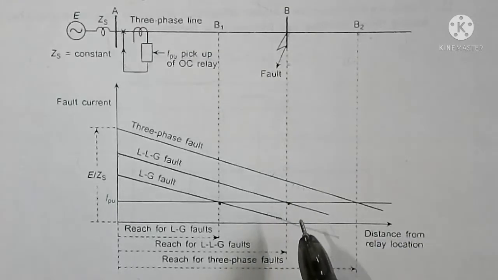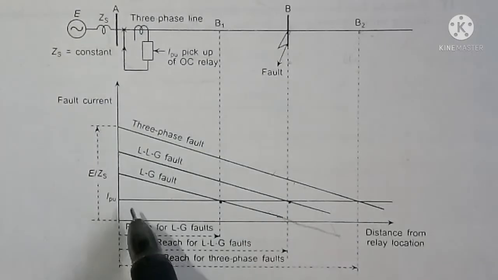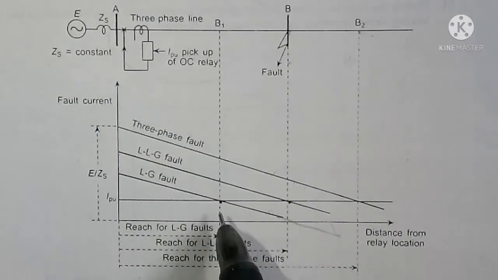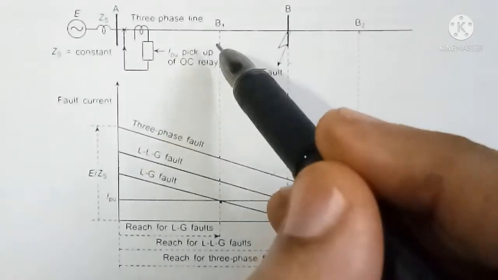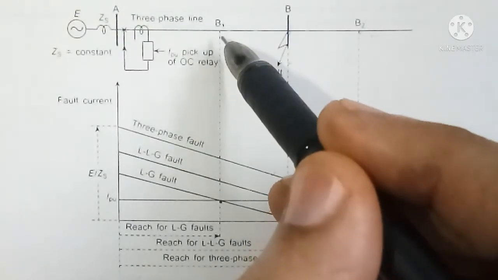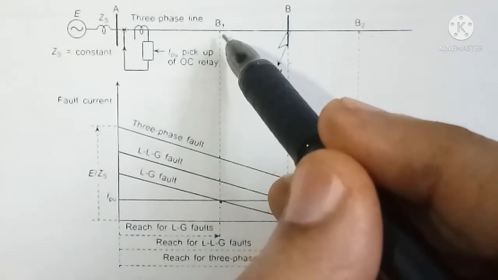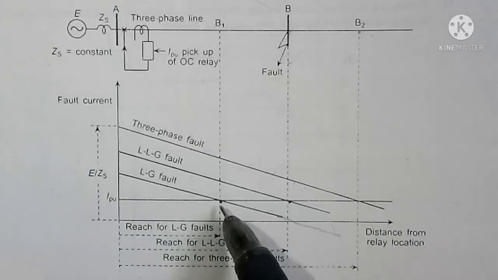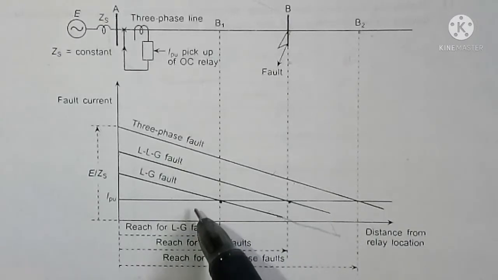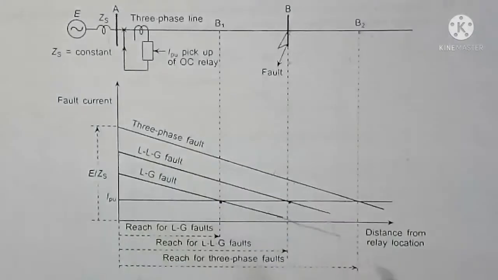So you can now see here. So for the given pickup current, for any fault occurring up to point B1, the relay operates as the pickup current is less than the fault current.